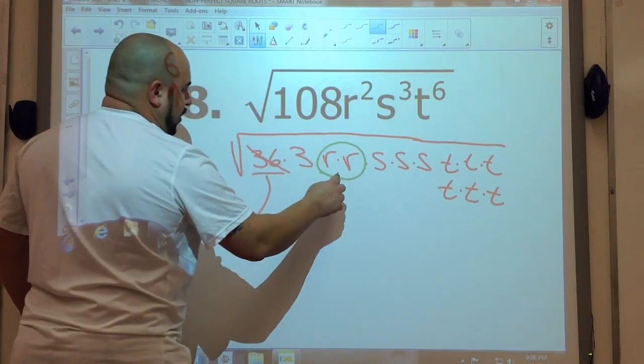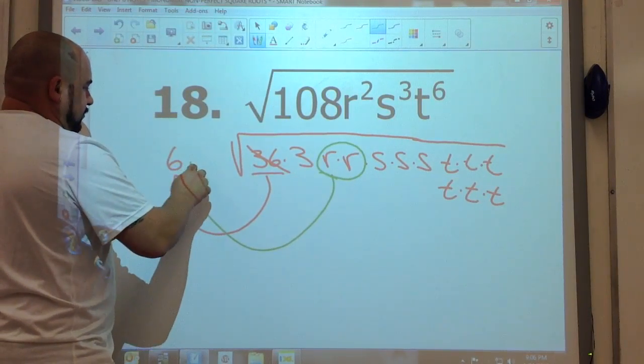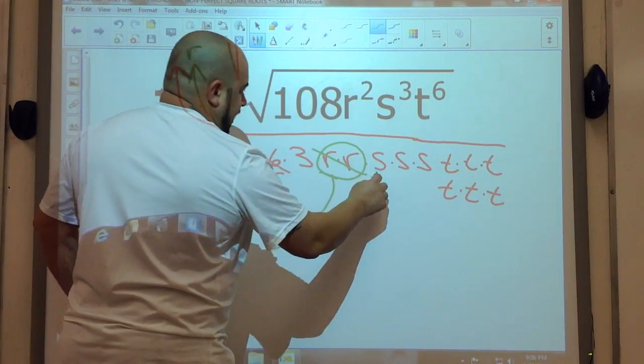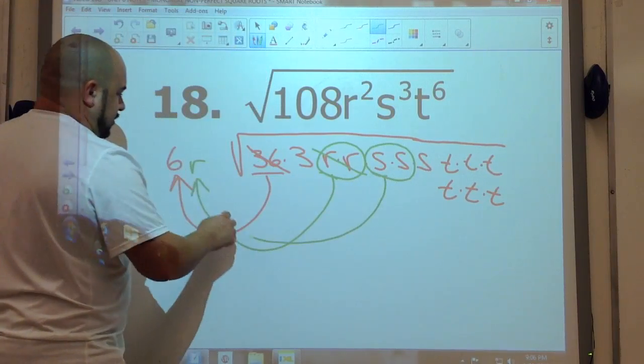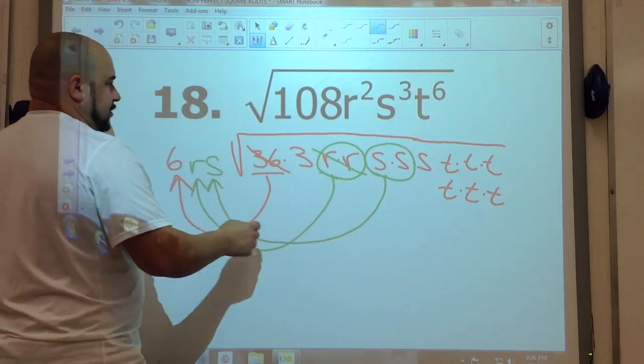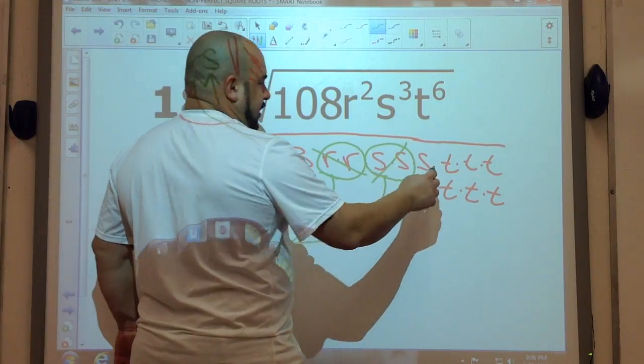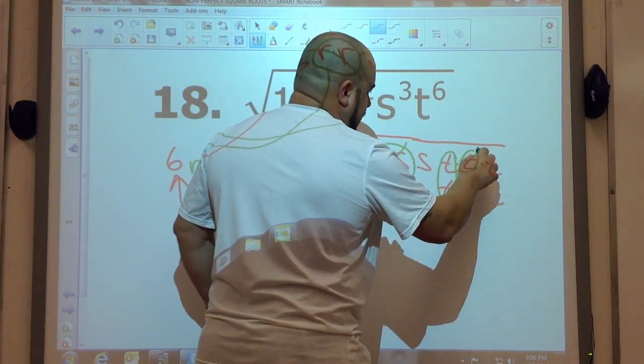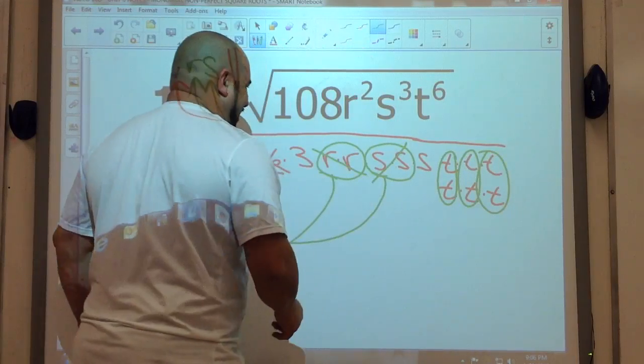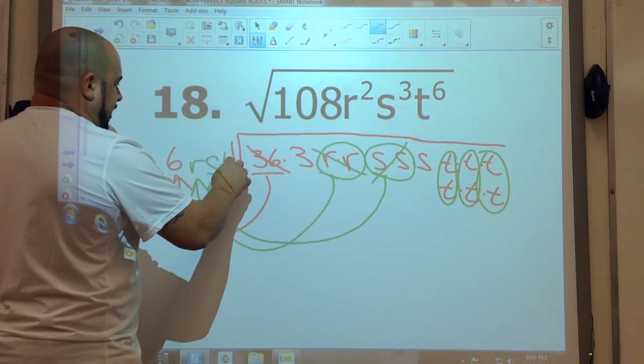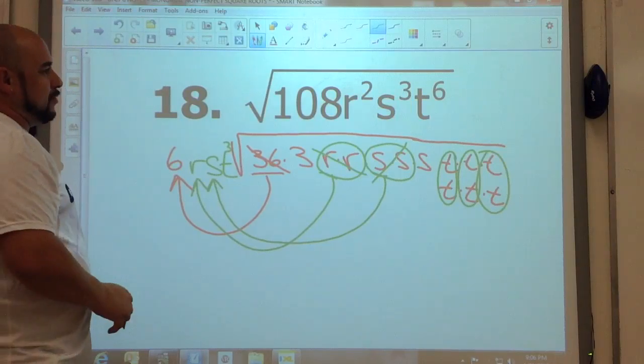I have 1 group of r's. That goes here. That's gone. I have 1 group of s's. Also goes out here. And that's gone. I have 1, 2, 3 groups of t's, which can be represented out here with a t to the 3rd power.